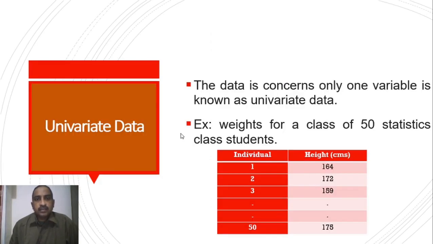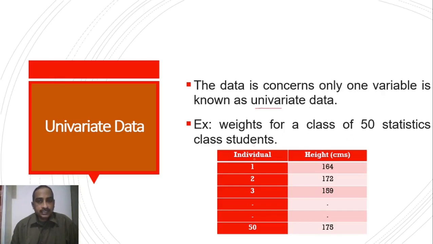What do you mean by univariate data? Data concerning only one variable is known as univariate data. Example, suppose the heights of a class of 50 statistics students.